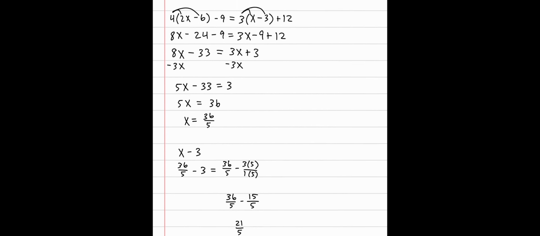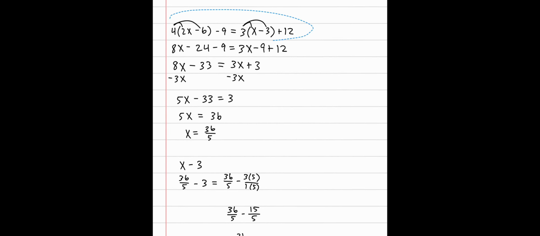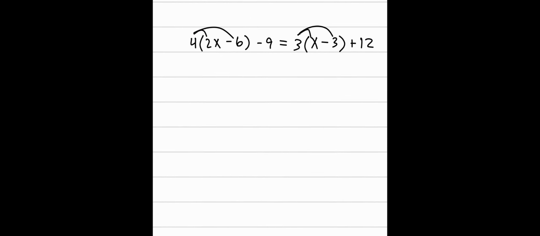So again, that kind of took a while, right? Let's see if there's anything we can do to shorten this computation time. So what I'm going to do is notice that this 2x minus 6, if you factor out a 2, can turn into x minus 3, can't it? So if I factor out 2 from 2x minus 6, I'm left with x minus 3, right?